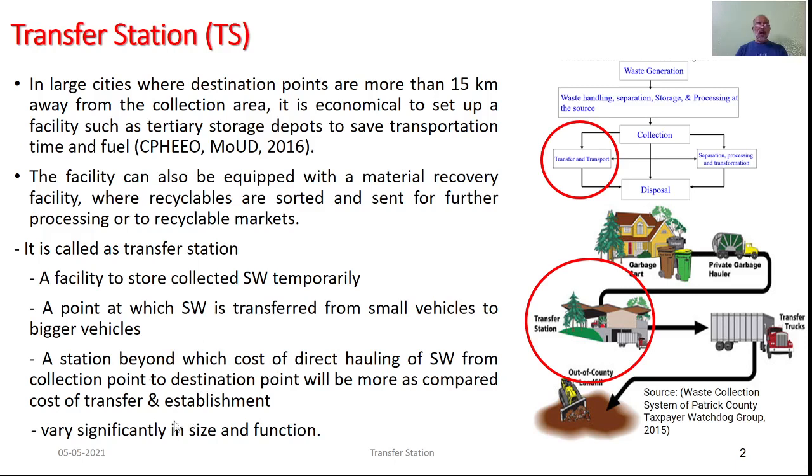And based on this principle only, the Ministry of Urban Development in its manual mentions the distance of 15 km.